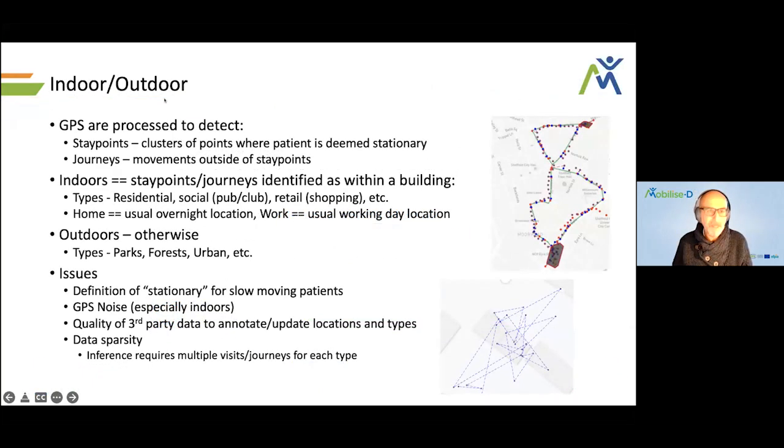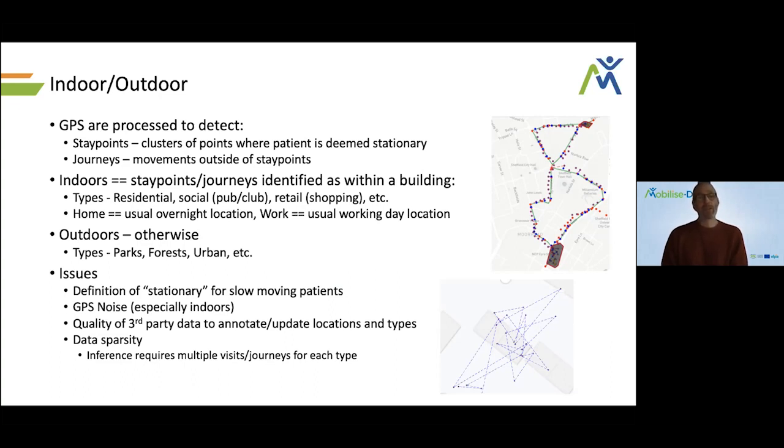Okay, I'll talk through the last part of the talk, which is to outline each of the contextual factors and the issues we had with them specifically. So the indoor-outdoor is basically collected using the GPS signal. We determine stay points, which is the clustering of points where people are deemed to be stationary. And then the journeys are basically movements between those stay points.